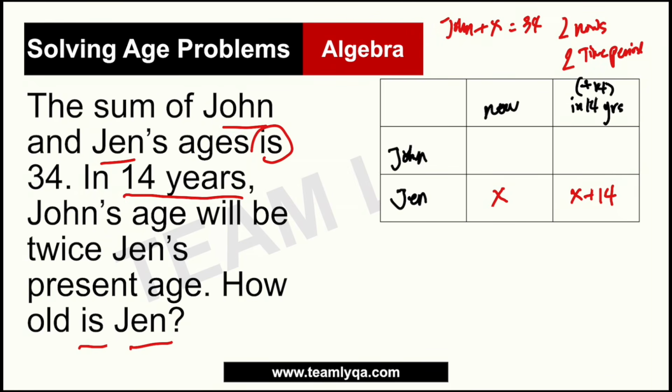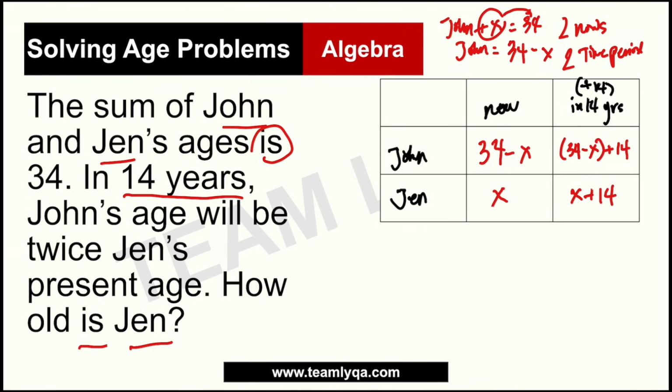So, kung gusto ko malaman yung age ni John, ang gagawin ko lang would be si John is equal to 34, lipat natin itong positive X sa kabila, minus X. So, ang age ni John, kung si Jen ay X, ay 34 minus X. Which means, in 14 years, ang magiging edad ni John is the quantity 34 minus X plus 14.